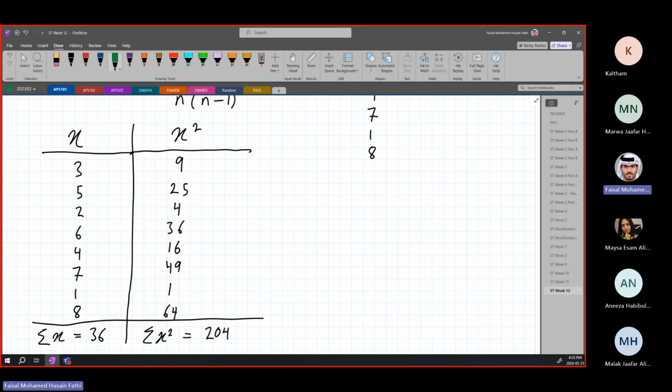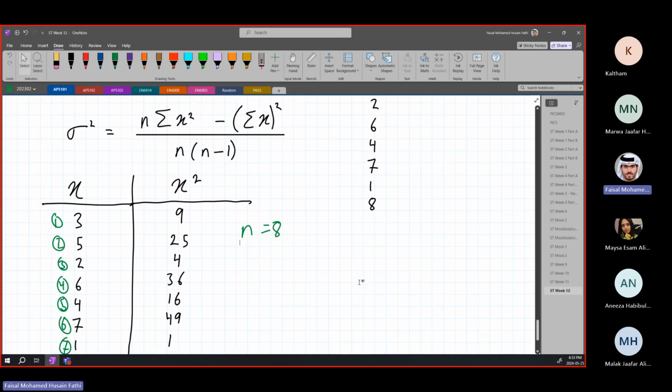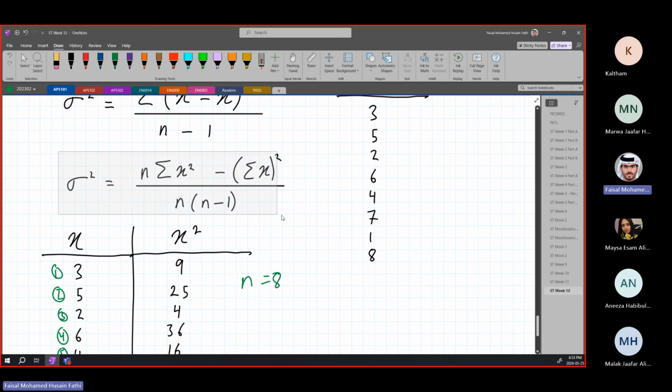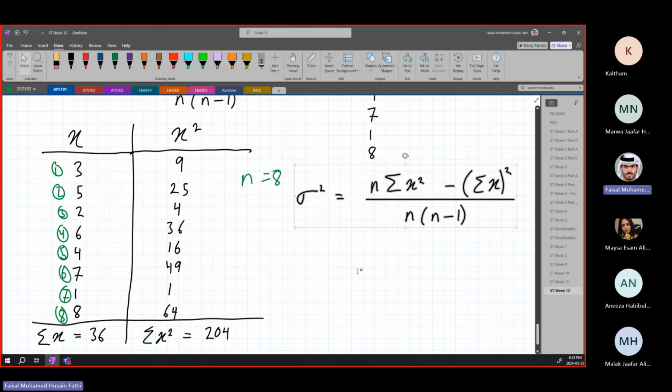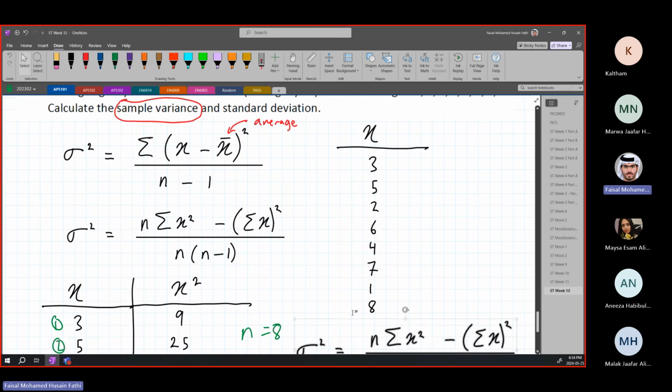Again, we can find our n value. This is 1, 2, 3, 4, 5, 6, 7, and 8. So we have a total of 8 values. So our n is equal to 8. They usually use small n when it comes to sample. All right. So our n is equal to 8. This is the formula that we are going to be applying.